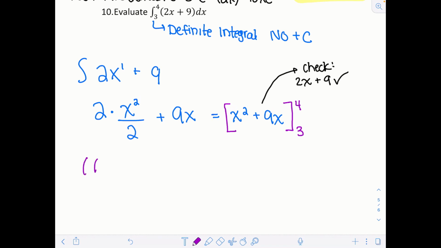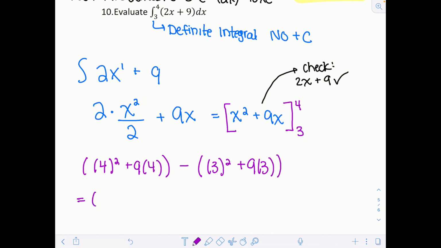So it'll look like 4 squared plus 9 times 4 minus 3 squared plus 9 times 3. And then I just have to evaluate this to get my final answer.